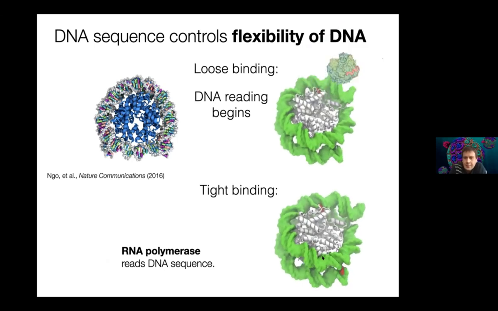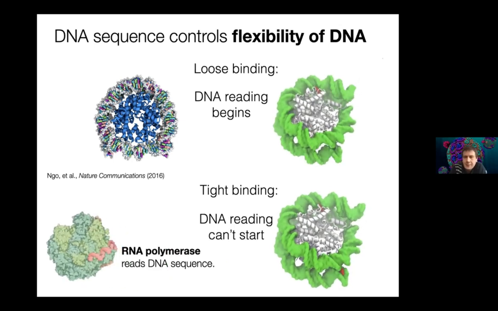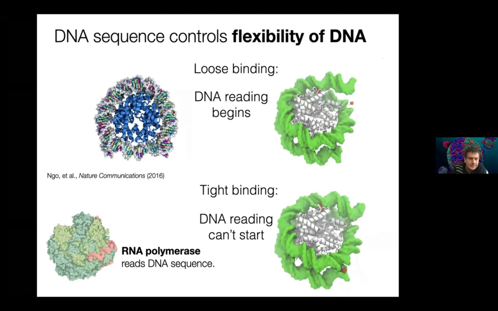But if the DNA is tightly bound, the reading cannot start. So that provides a very nice intuitive mechanism for controlling which genes are on, which parts can be transcribed and which cannot, by modulating the mechanical properties of DNA. And again, this idea has been around for a while.